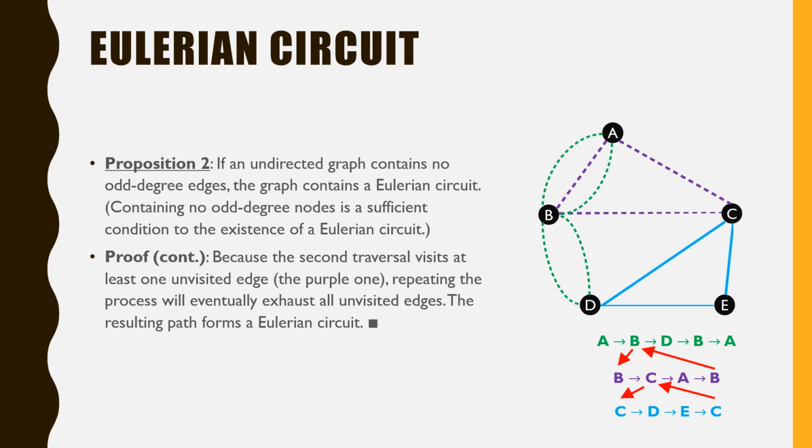Back to our example, the third traversal could begin at node C and generate the path C to D to E to C, which will be spliced into the existing partial Eulerian circuit.